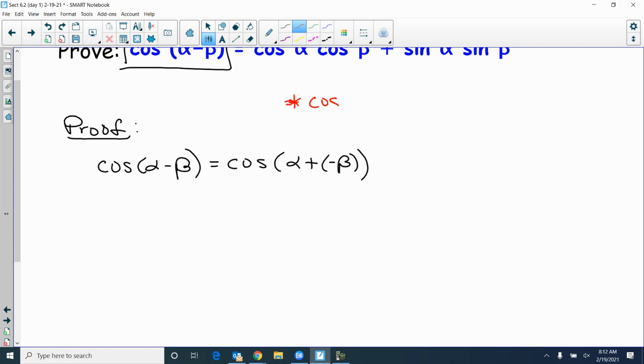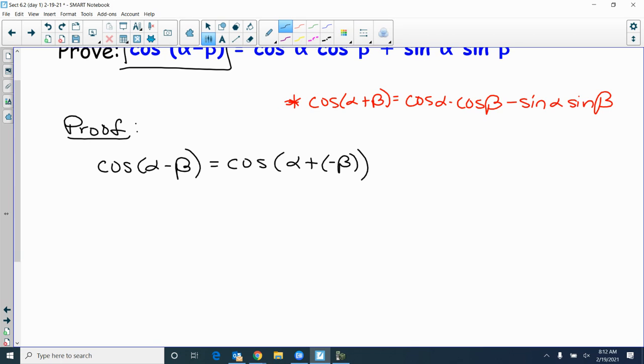We know that cosine of alpha plus beta is equal to cosine alpha times cosine beta, minus sine alpha sine beta. I have two angles that I'm adding, so I can use this formula. Wherever there's an alpha, I'll put in an alpha, but wherever there's a beta, what do I have to put in? I have to put in negative beta.